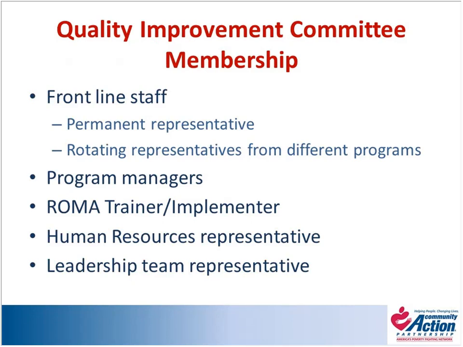Get a different staff person in for your meetings, just to make sure that you keep your ear to the ground and are learning about what's going on in different programs in terms of customer satisfaction and other quality improvement issues. You would probably want at least one or two program managers on that committee who could speak to the way the programs operate at the management level.